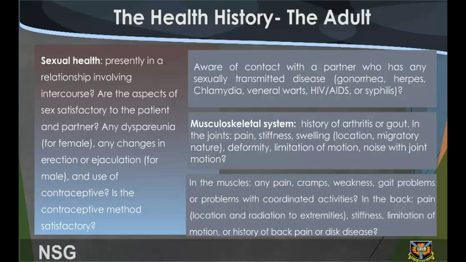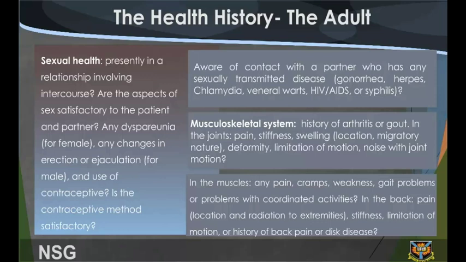Musculoskeletal system. History of arthritis or growth in the joint. Pain, stiffness, swelling. Location, migratory nature. Deformity, limitation of motion. Noise with joint motion.